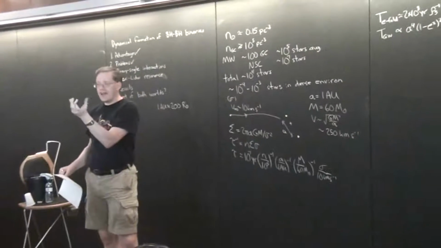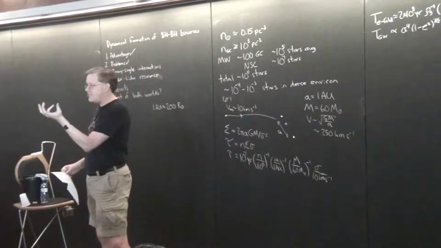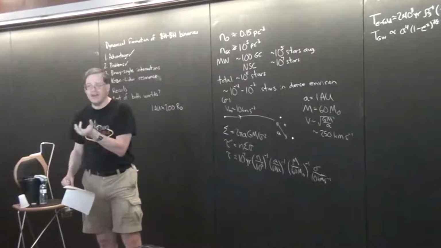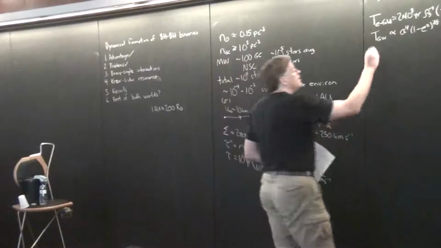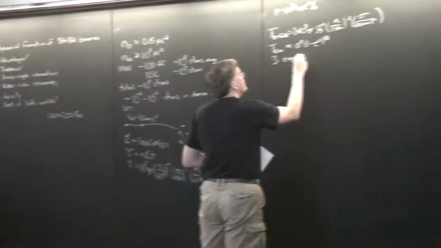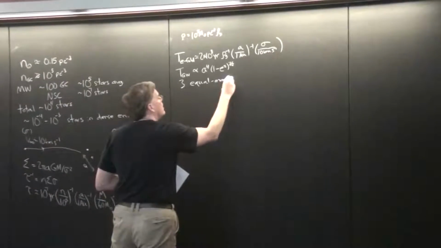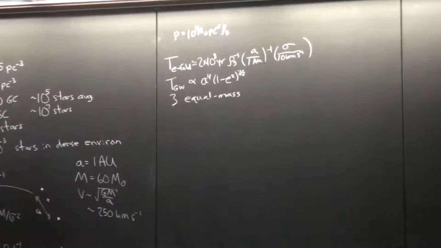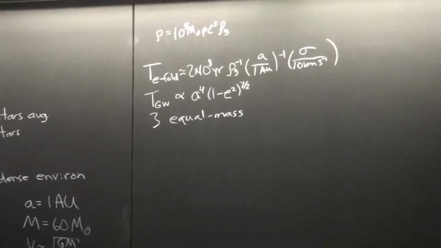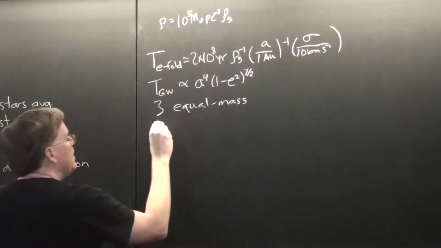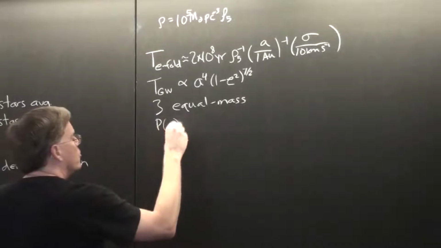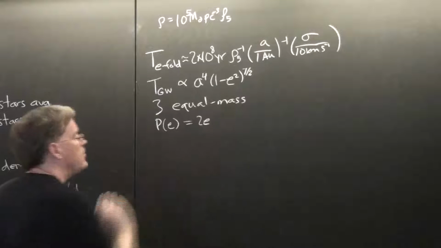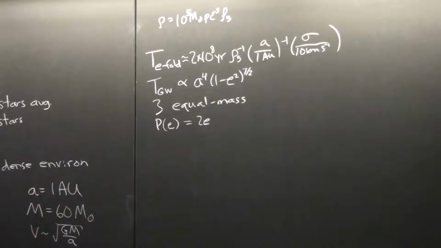If you think about the interactions of 3 equal mass objects in the binary-single interaction, and you do this many, many times and take snapshots of the eccentricity of the binary after the interaction is finished, you find that you end up with something called a thermal distribution, where the probability of some eccentricity is 2e, which is nicely normalized from e equals 0 to 1.